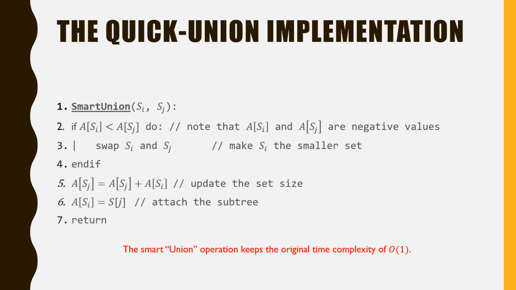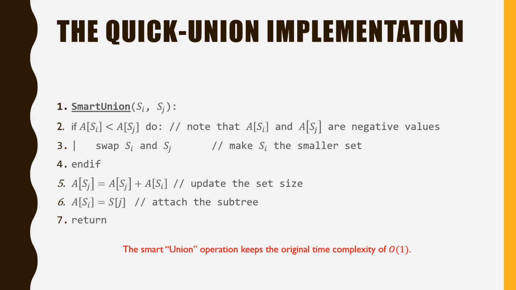Here is the pseudocode for the smart union operation. In lines 2 to 4, we compare the sizes of sets Si and Sj, and swap them if necessary to ensure Si is the smaller set. In line 5, we update the size of the merged set Sj as the sum of the sizes of Si and Sj.